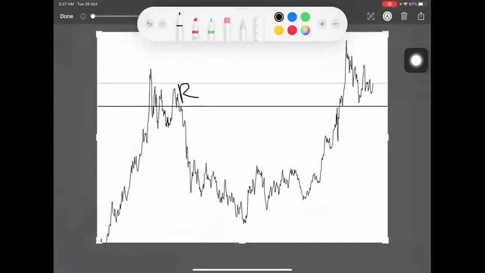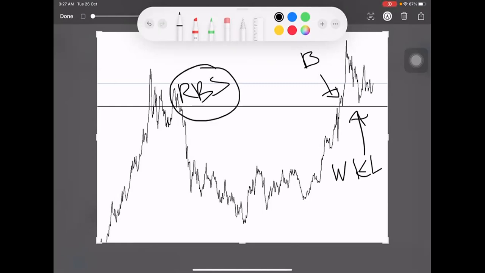Resistance breakout becomes support. So this one is a weekly key level, right? Yes, key level. So we use RBS, right?